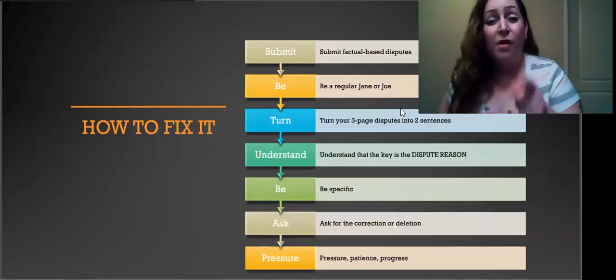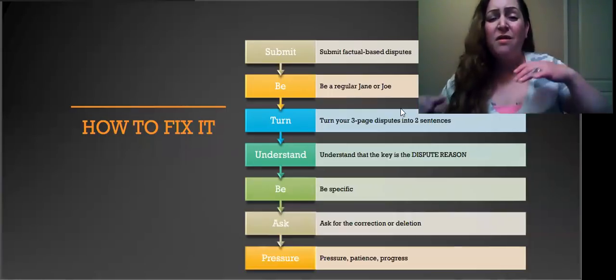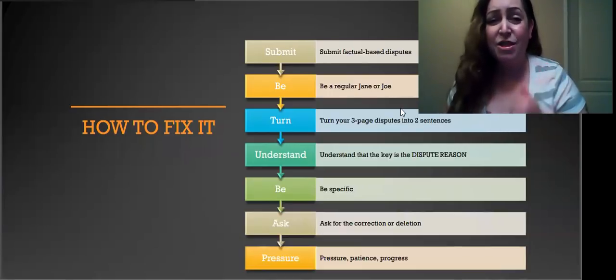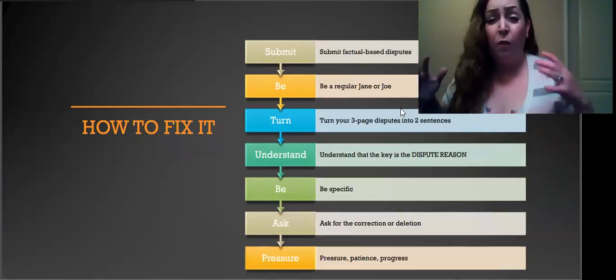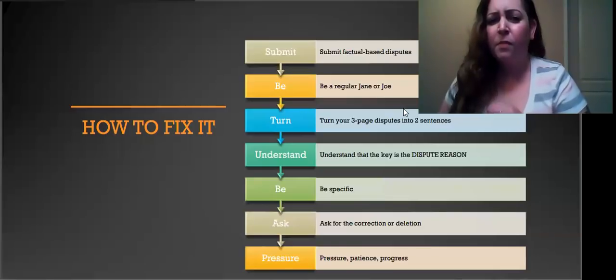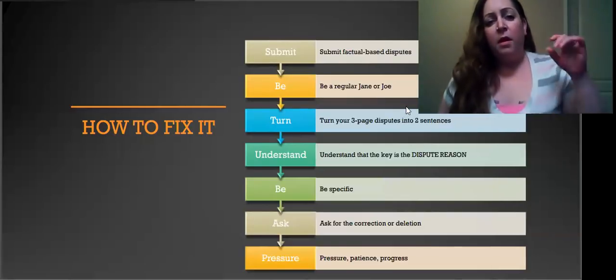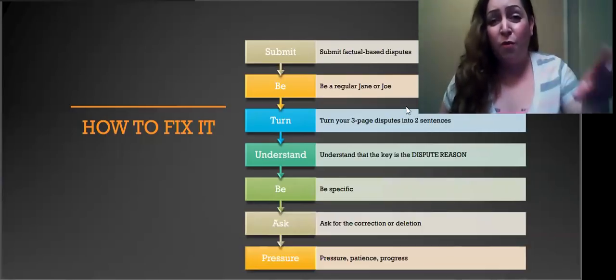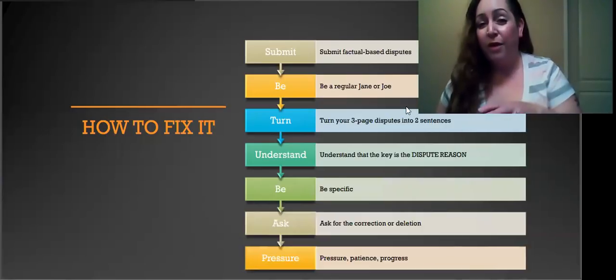Simple as that. You also need to remember that you are just a regular Jane or a regular Joe, okay? And yes, I said Jane first because I'm all about woman's power, right? So Jane or Joe, you need to remember that you are who you are. You're not a lawyer.